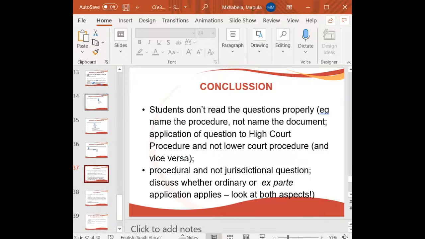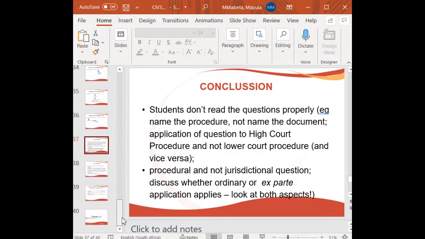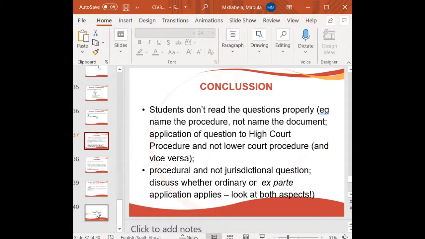And also, in conclusion, ladies and gentlemen, I would like to read through on the slide that students don't read questions properly. For example, the name of the procedure, application of the question in the High Court procedures and lower court procedures, and vice versa.